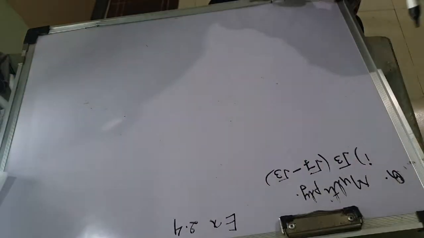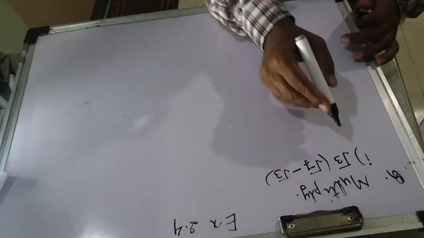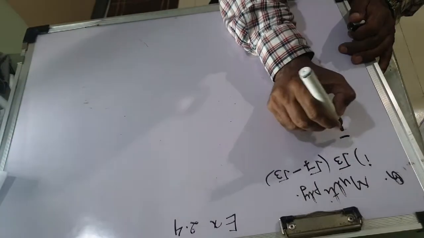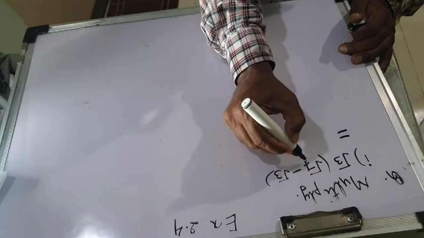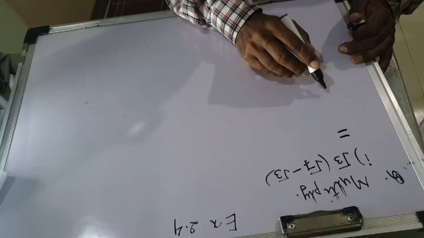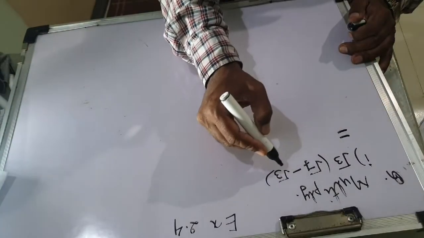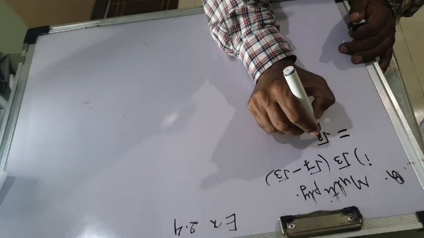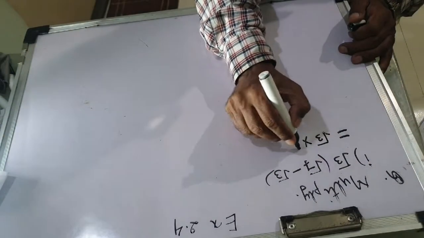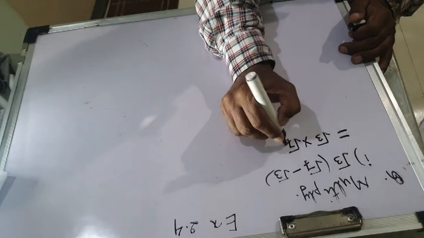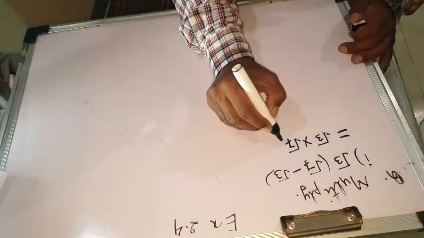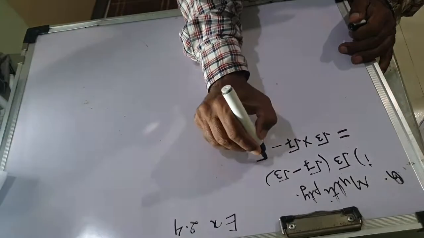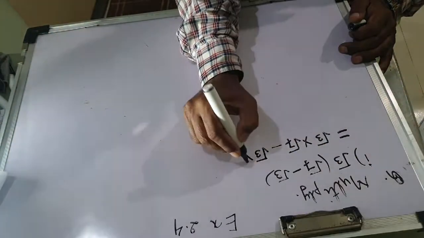So this multiplication is a simple thing. By this root 3 I will multiply to root 7 and by root 3 I will multiply to root 3. So first of all, root 3 into root 7, this way I will write. Next is the minus sign. Now this root 3 into this root 3. Root 3 into root 3.